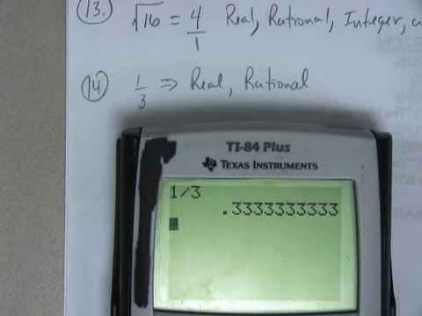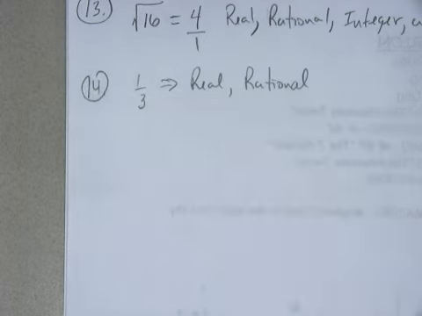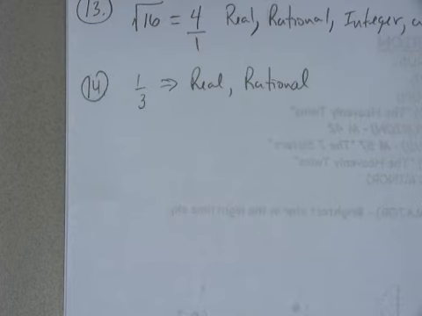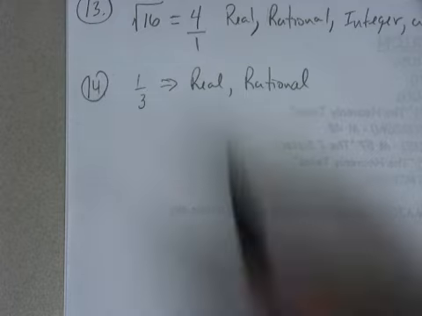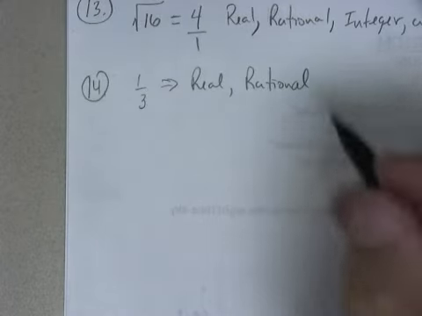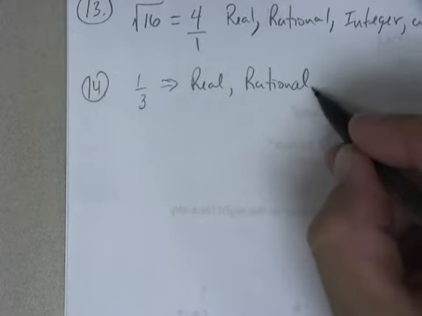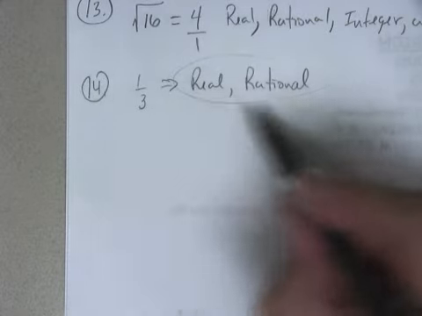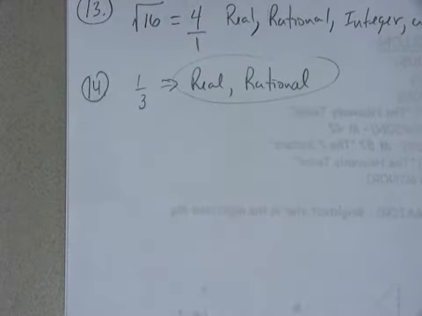And there it is, 3, and it repeats. So remember, repeating numbers are going to be rational. The numbers that are non-repeating are the ones that are going to be irrational. So it's real, it's rational, it's not an integer, not whole, and not counting. So it's just real and rational.